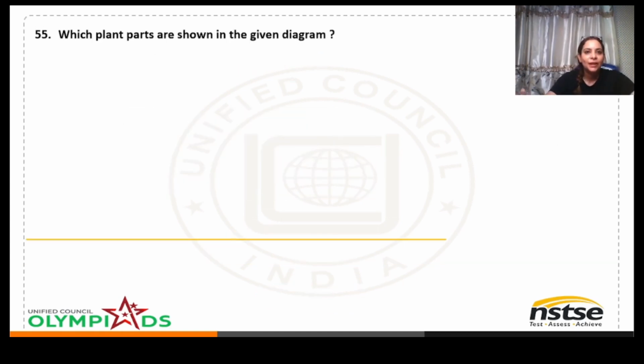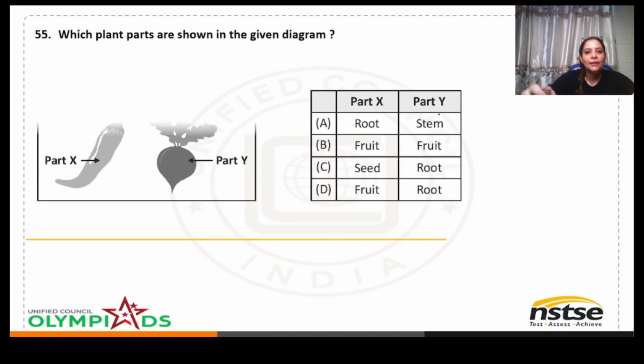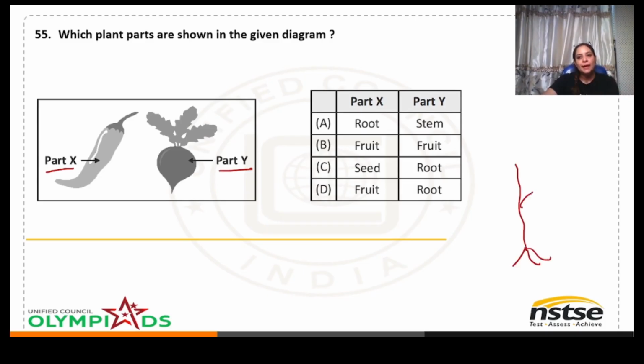Next question. Which plant parts are shown in the given diagram? So we have this diagram. You need to recognize this part. We know that a plant has different parts. It has root, it has stem, it has leaf, it has flower, and different things are obtained from different parts of the plant. Okay, so I hope you know what it is.